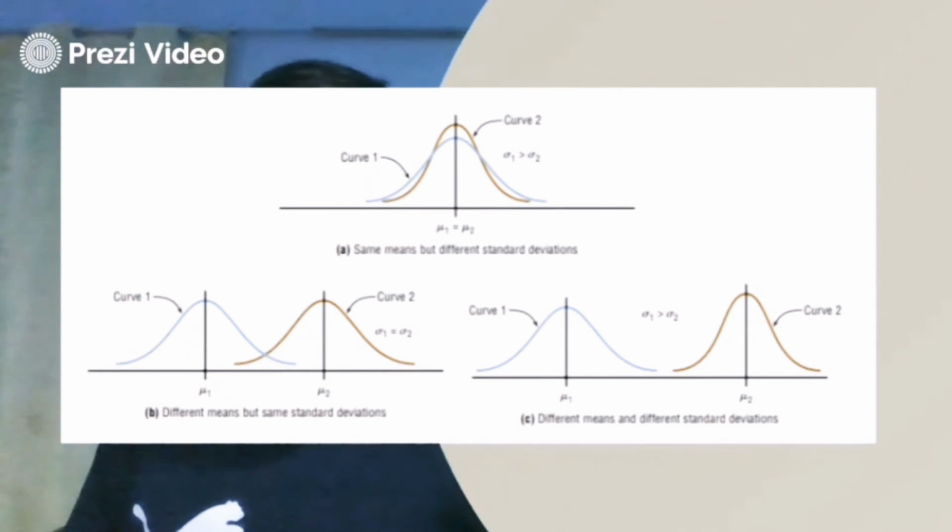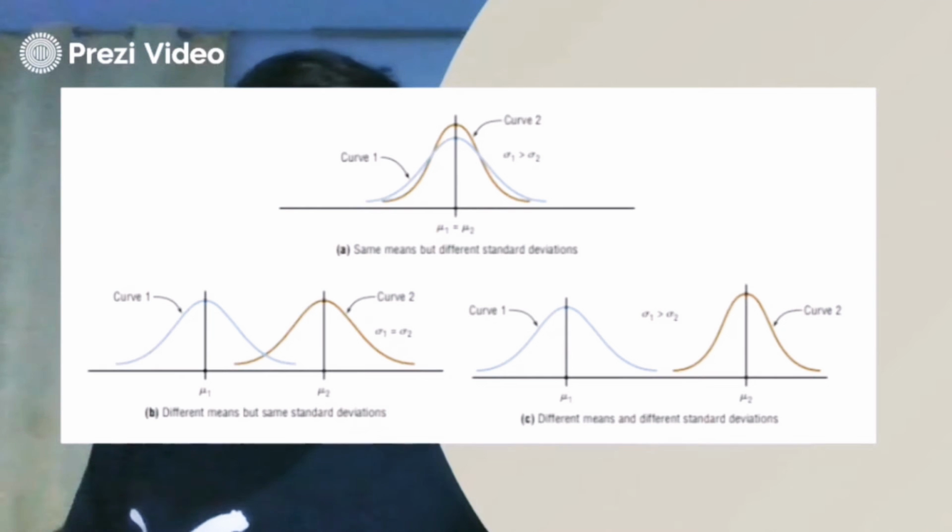In graph B, we have different means but the same standard deviation. The position of the graph is horizontally different because the means are different. In graph C, we have different means and different standard deviations, so the curves are completely separated from one another.